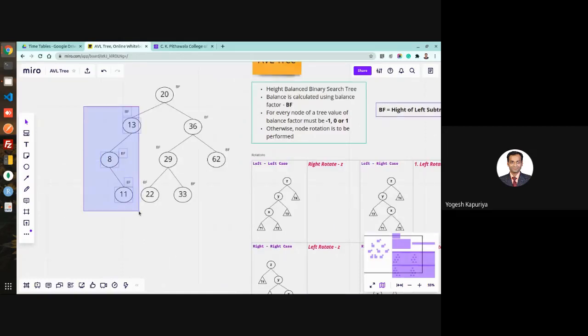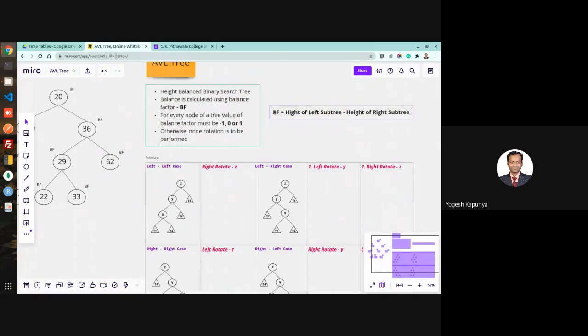So this is the left subtree for 20. You have to compute the height of this. And then you have the height of right subtree of 20. So this is the right subtree of 20. You have to compute the height of this. Find out the difference. That will give you the value of balance factor.